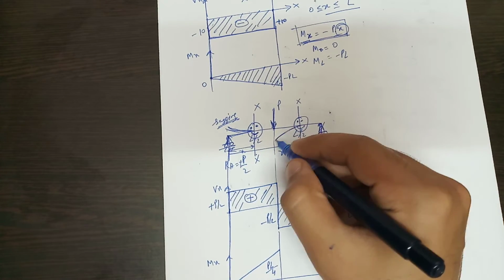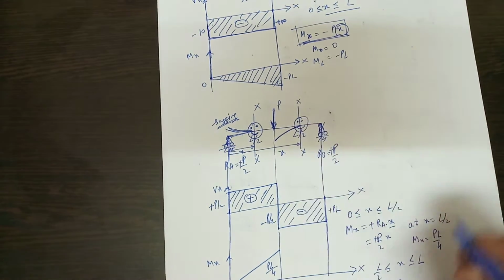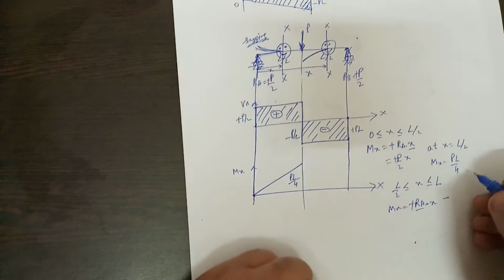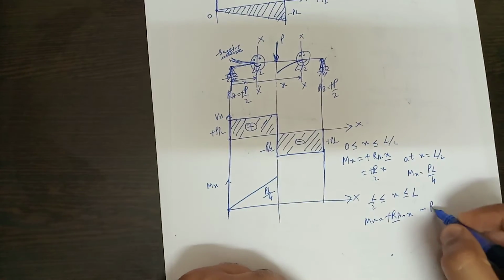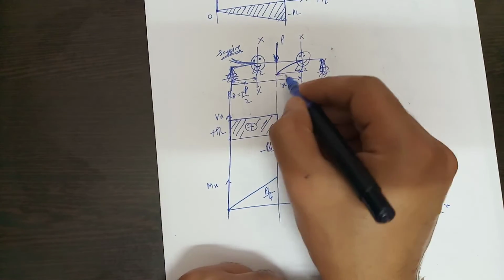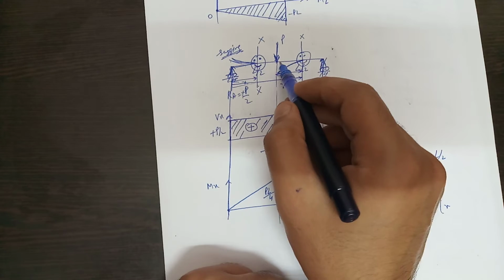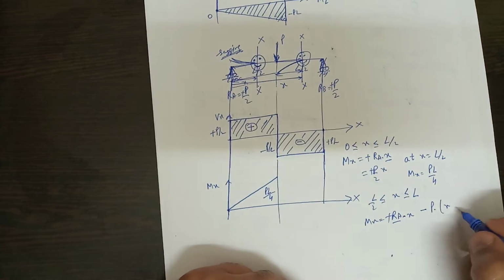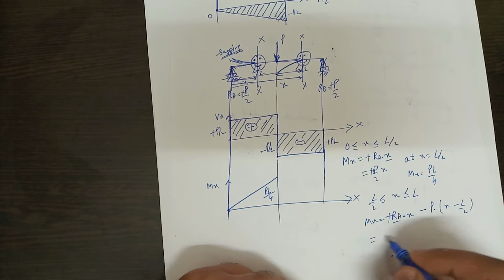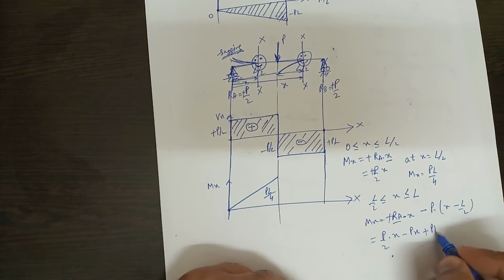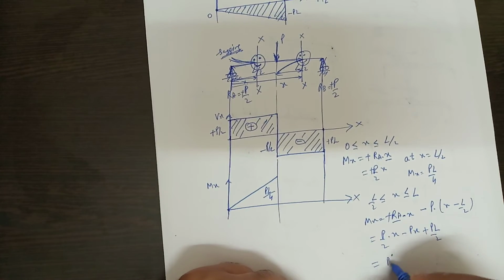It tends to bend the beam in this direction. It is creating a hogging shape, so it is taken as negative. Negative means P into this distance. How much is this distance? This is x, this is L by 2, so x minus L by 2. Solving this, P by 2 into x minus Px plus PL by 2. This is PL by 2 minus Px by 2.